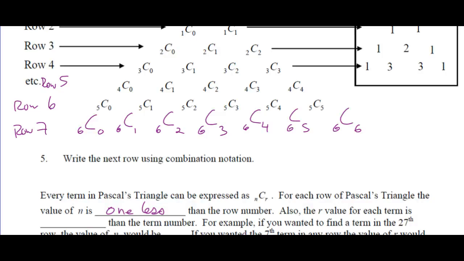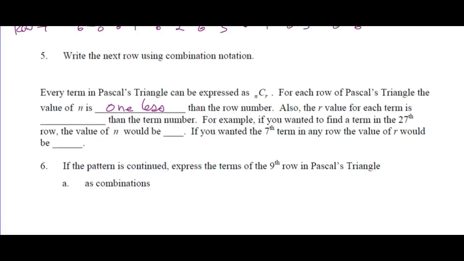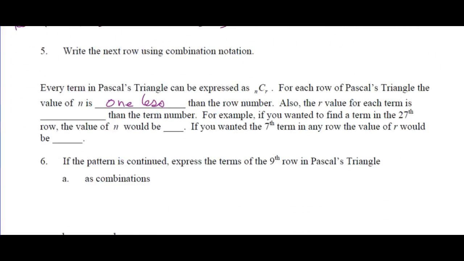So the value for each term, so term 1, the r value is 0. Term 2, it's 1 less than the term number. For example, if you wanted to find a term in the 27th row, what's n? 26.